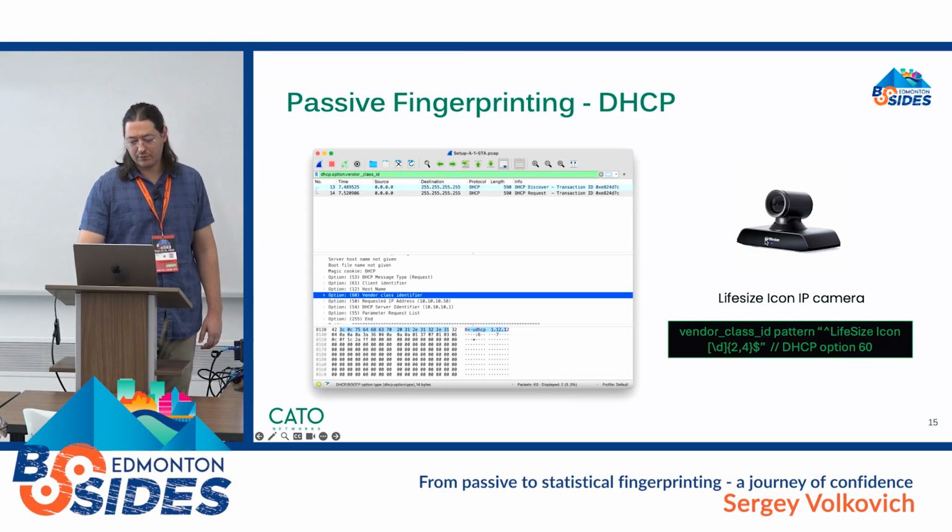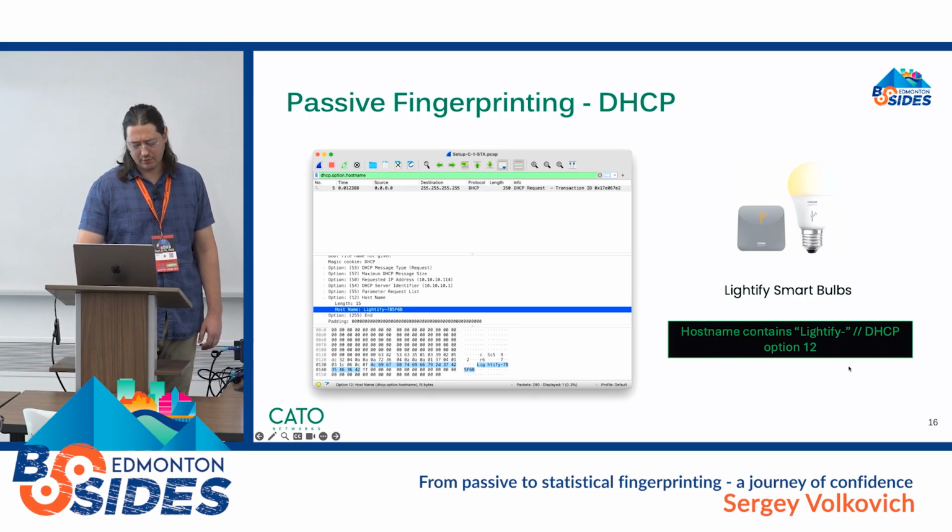In this case, this pattern can identify for us, looking at the vendor class, the Lifesize icon. This is option number 60. And looking at option 12, we can even find that the host name contains a very specific name, in this case, Lightify. These are smart bulbs.